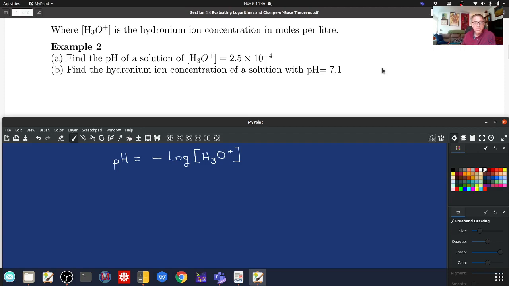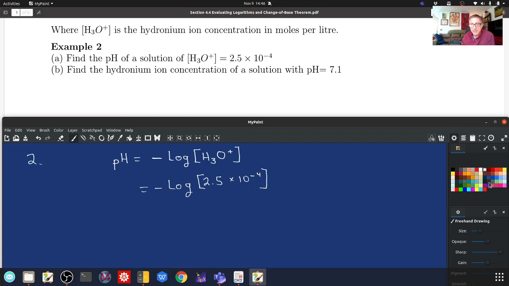So we have an example. This is question number 2. Let's do 2a. Find the pH, so the pH is my unknown, of a solution of hydronium which is 2.5 times 10 to the minus fourth. So our pH is our unknown, so it's going to be equal to minus the log, log to the base 10 of 2.5 times 10 to the minus fourth.